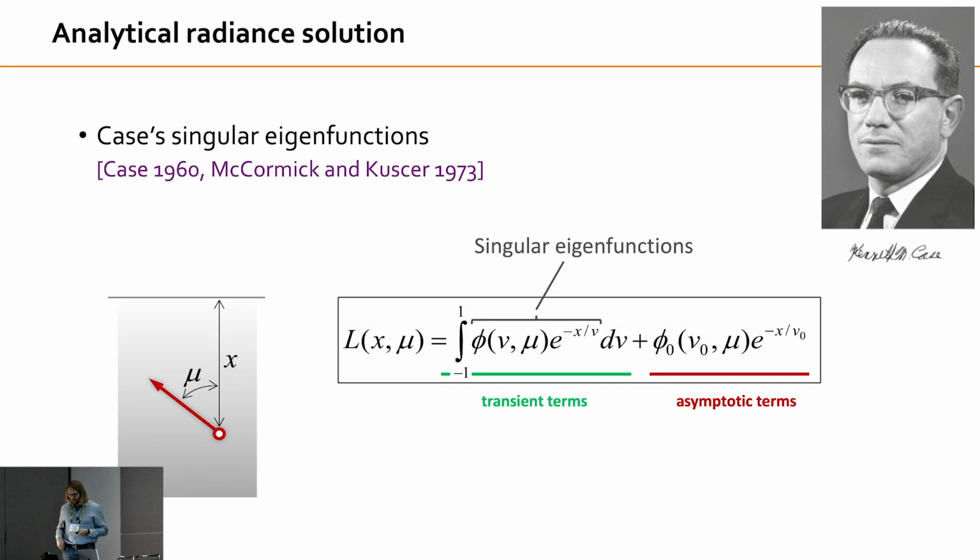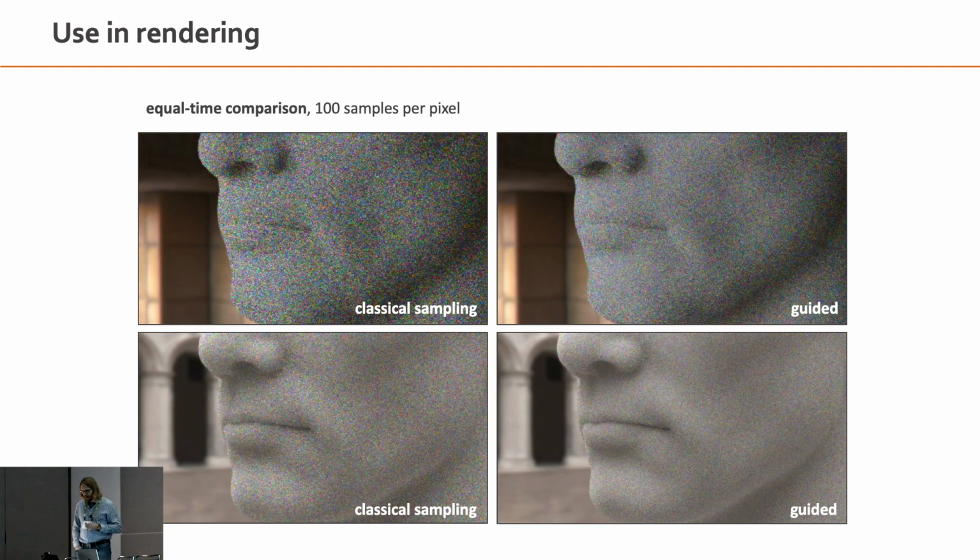And again, we were amazed that 70 years ago or 50 years ago in this case, there was some mathematical result that described the solution very precisely, and we could just take it and apply it in this production renderer, and out came results with less noise.